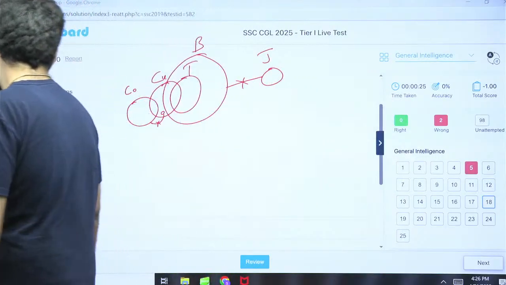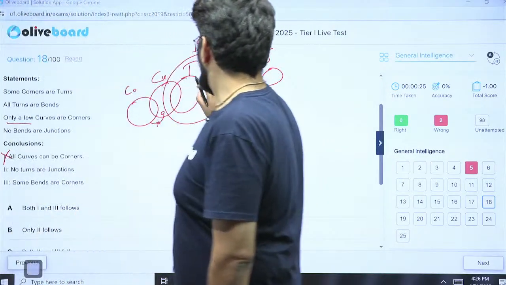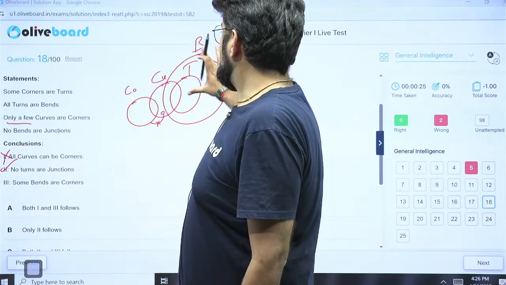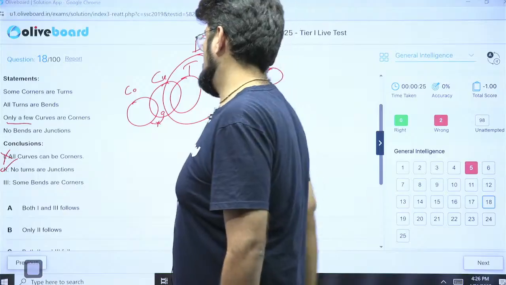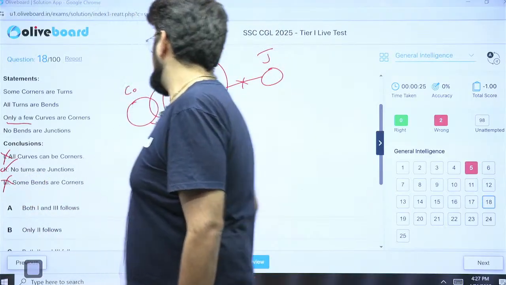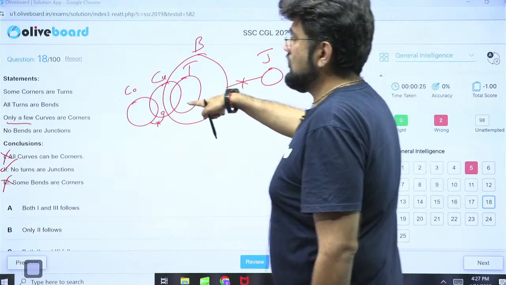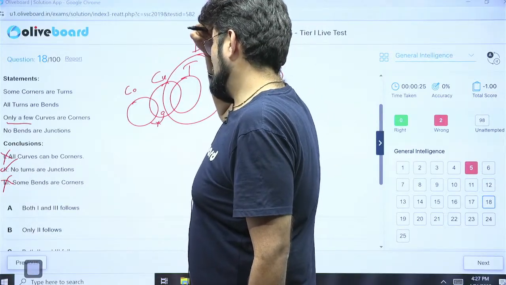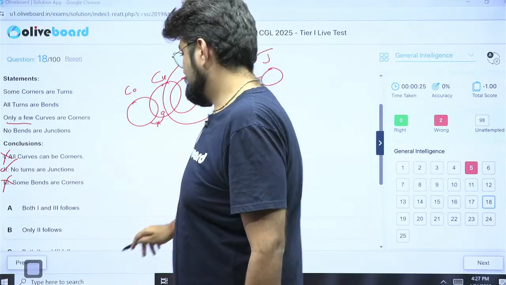So this is gone. No turns are junctions is absolutely right. And some bends are corners? No, I cannot say that. Some bends are curves could have been correct, but some bends are corners is not right. So only conclusion 2 follows.